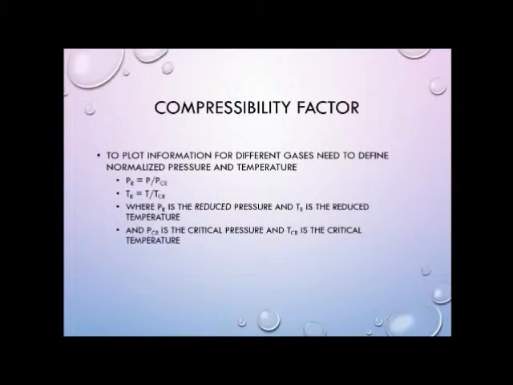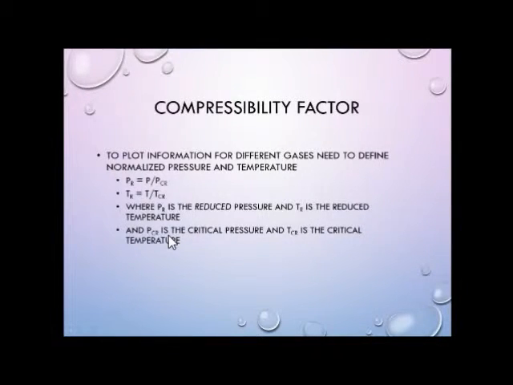To plot the information for different gases, we need to define a normalized pressure and temperature. PR is the reduced pressure and TR is the reduced temperature, and PCR is the critical pressure and TCR is the critical temperature.